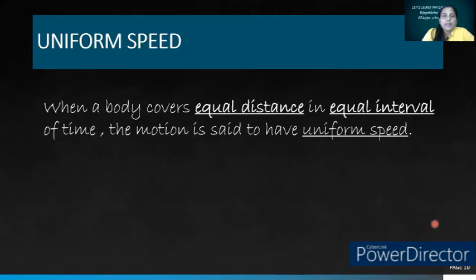The next type of speed is uniform speed. Uniform speed is when a body covers equal distance in equal interval of time, the motion is said to have uniform speed.